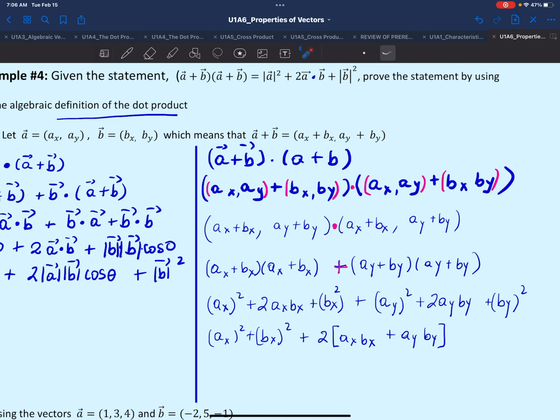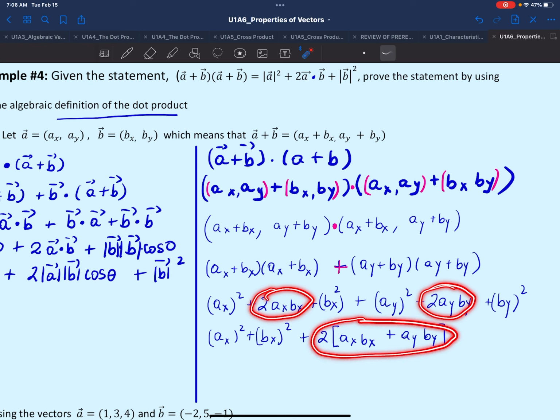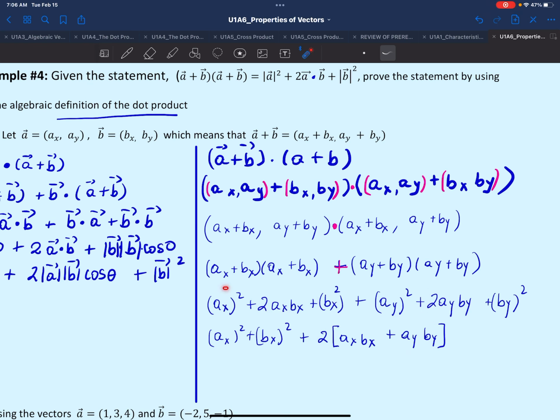So with this, we brought these two terms together right here and took out the coefficient of 2. The AX squared and BX squared are here together. And now we have the y coordinates, so AY squared plus BY squared.